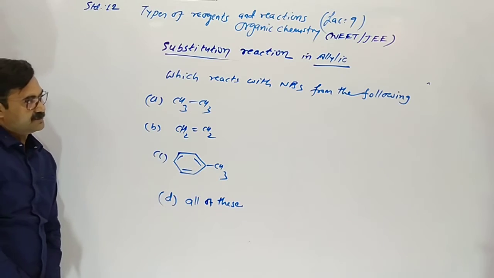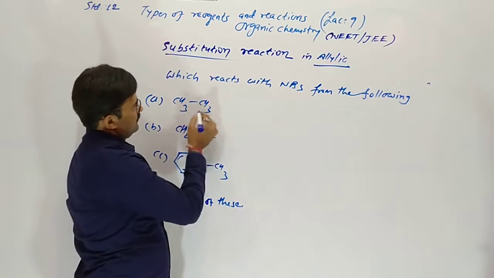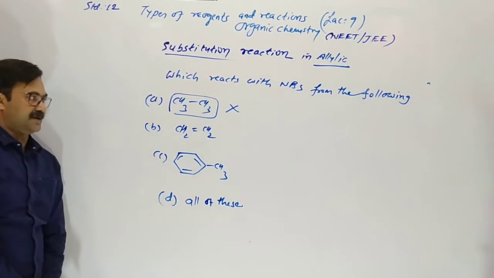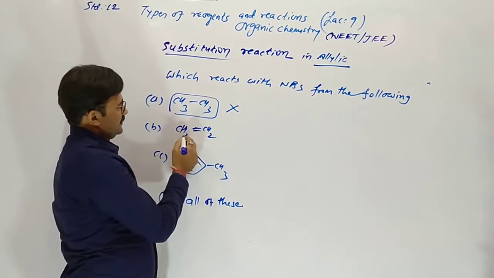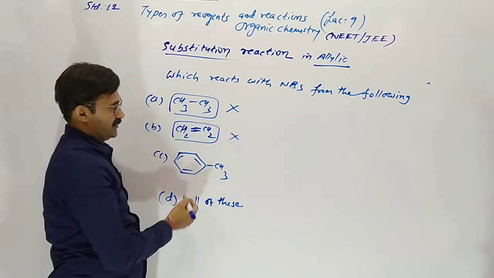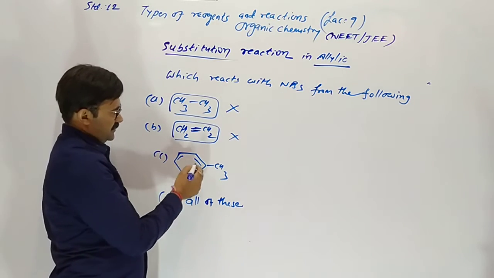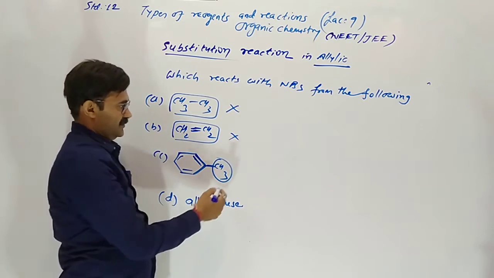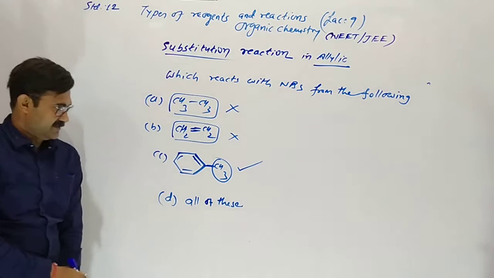Tell me. Our condition is that the compound should be allylic. This is not an allylic alkane. Here is a double bond, but thereafter there is no single bond to a carbon. Here is a double bond, then a single bond, and there is a carbon. This one is allylic.